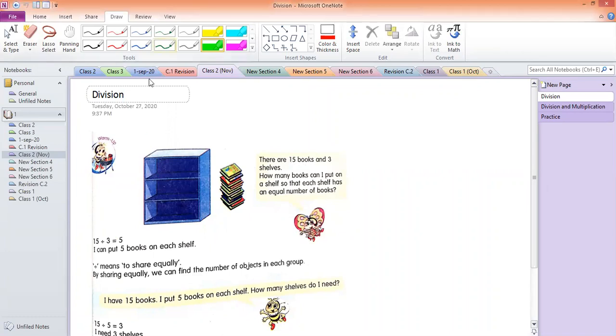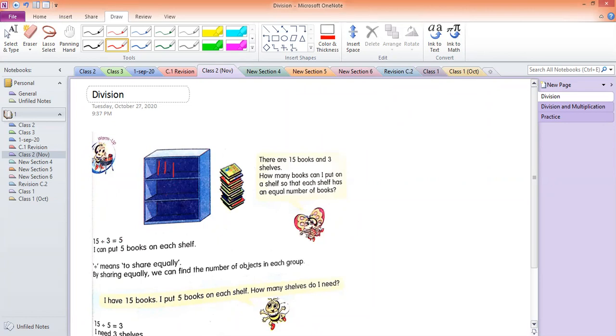I should take a different highlighter. Okay, I take red. Let's suppose this is one book, this is two, and this is three. How many books should I put on each shelf? So 15 divided by 3 is equal to 5.